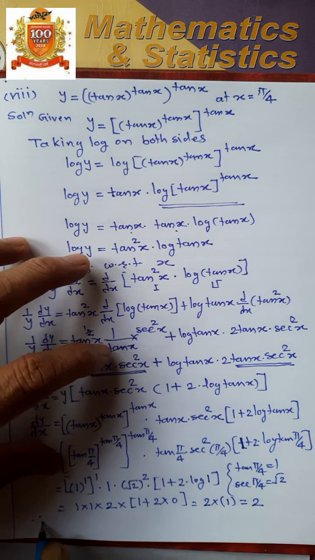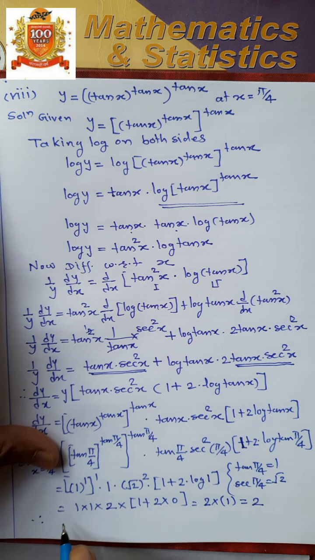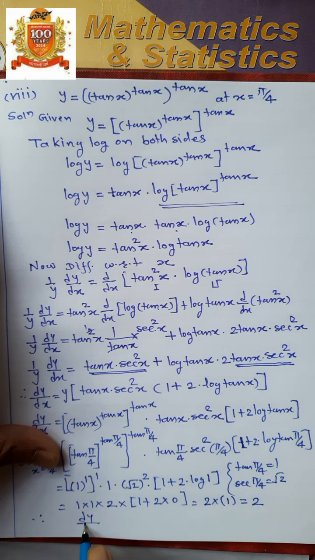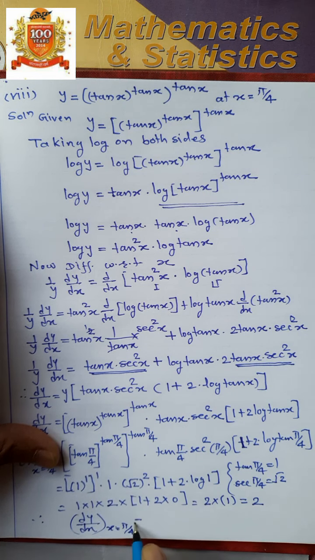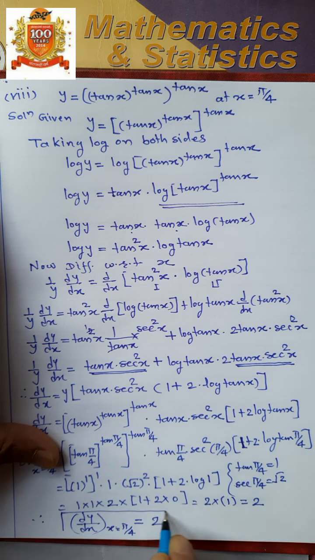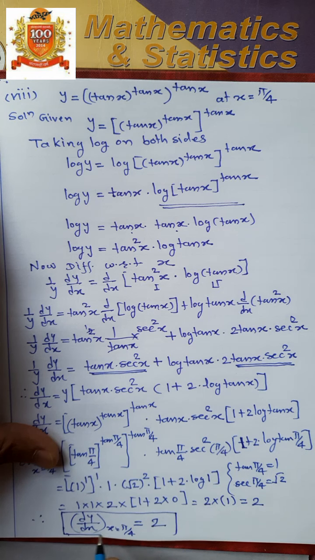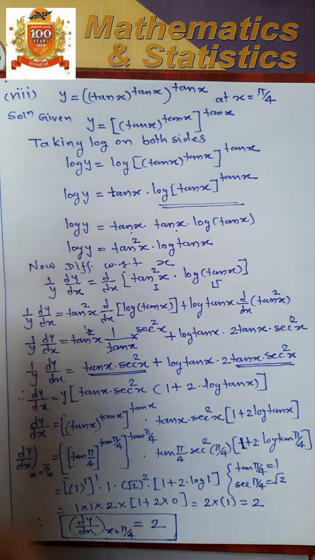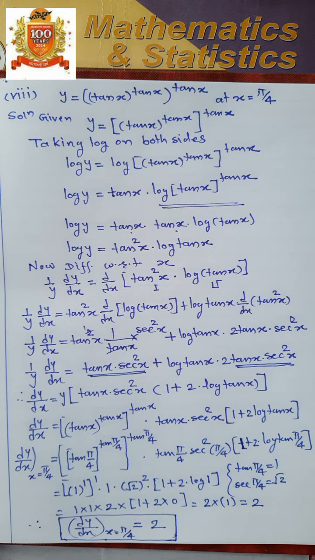Therefore dy by dx at x is equal to pi by 4, the value is 2. In this way we can find the answer. Remaining questions we will see in coming video.